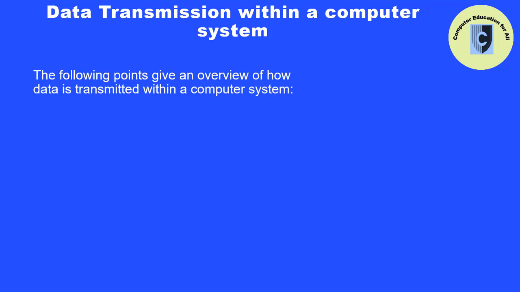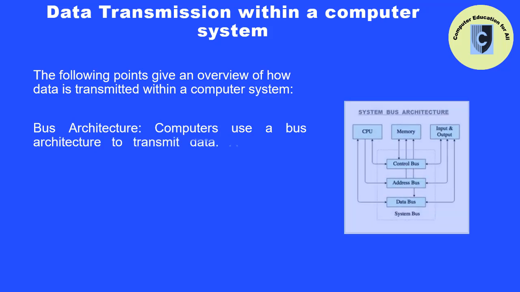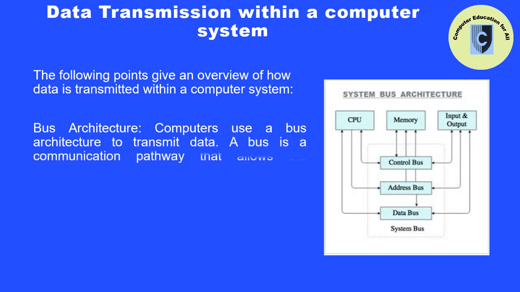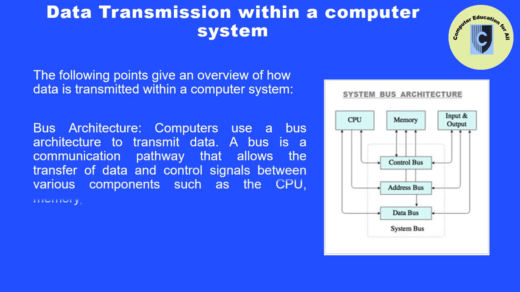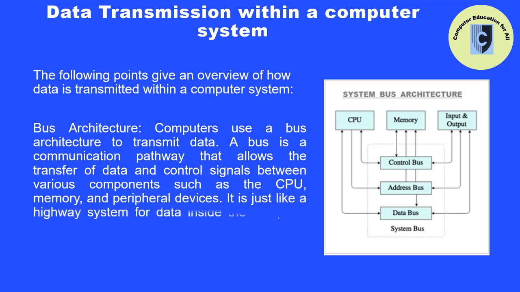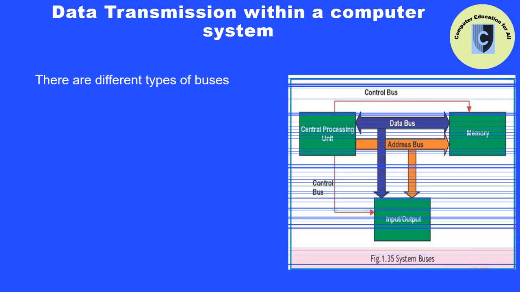Bus architecture. Computers use a bus architecture to transmit data. A bus is a communication pathway that allows the transfer of data and control signals between various components, such as the CPU, memory, and peripheral devices. It is just like a highway system for data inside the computer system. There are different types of buses.